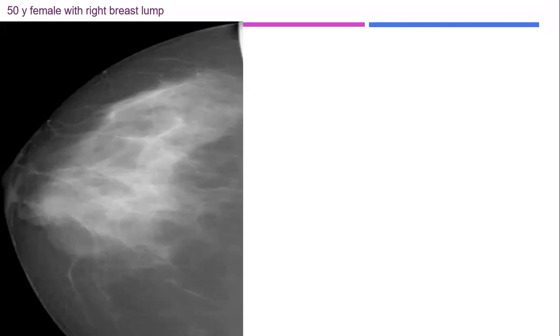Partially obscured mass, I give it BI-RADS 4B. Why did you give BI-RADS 4B? Though partially obscured, usually we give BI-RADS 3. But why did you give BI-RADS 4B?